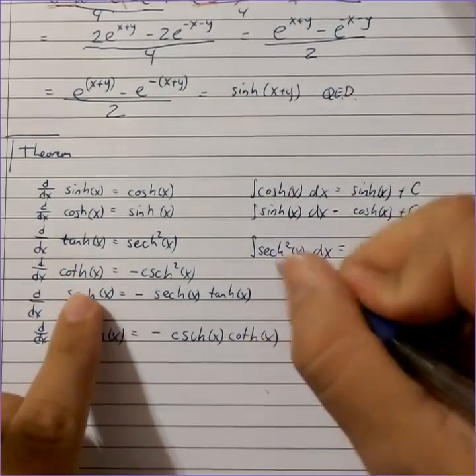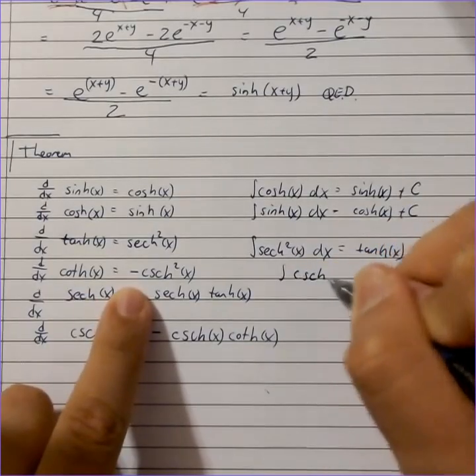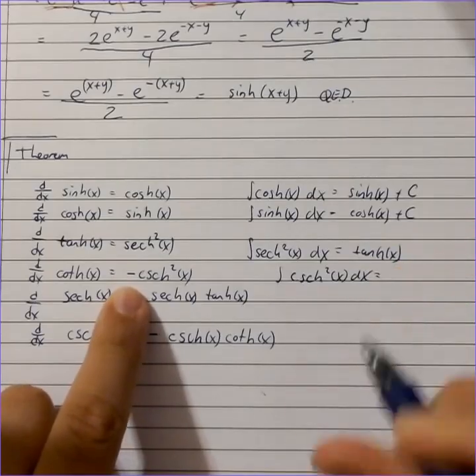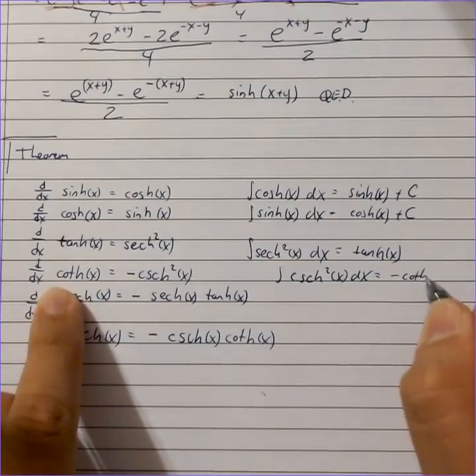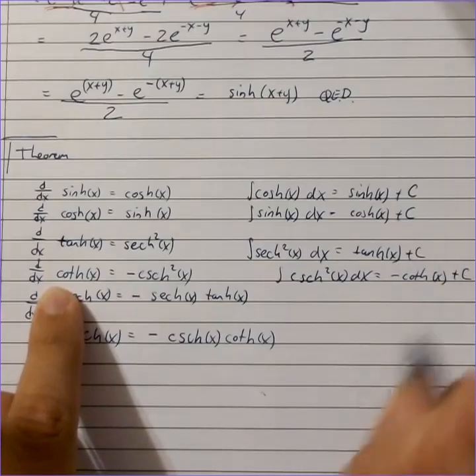Here the integral of cosec squared of x dx is equal to, well, the negative's got to go somewhere, so negative cotangent of x, forgetting my constants of integration, plus c.